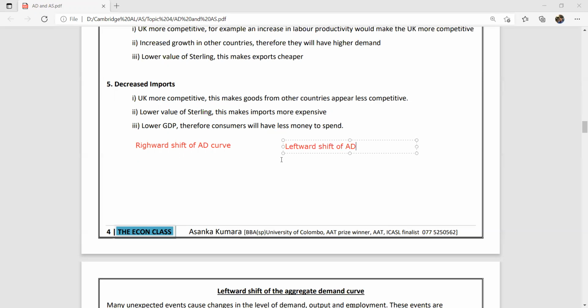The things we understood here: increase in consumption, then increase in investment, as well as increase in government spending, and increase in net exports.